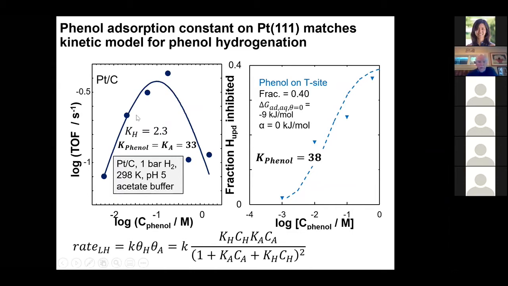The point I just wanted to make here is when we look at this Langmuir-Hinshelwood kinetics, you get to high phenol concentration, and sure enough, eventually you do saturate the surface so much that you poison the catalyst at room temperature. But it takes a much higher concentration of phenol or effective hydrogen concentration than in the gas phase.